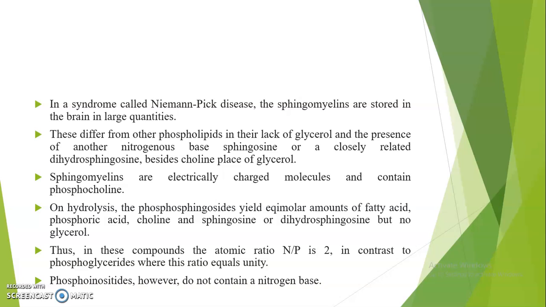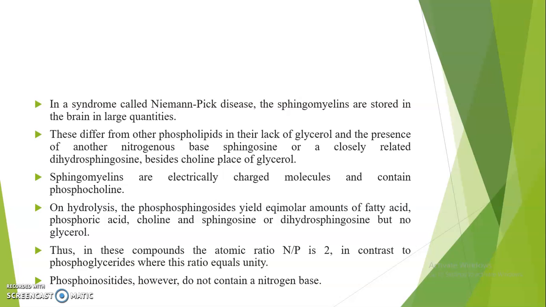Now sphingomyelins are electrically charged molecules and they contain phosphocholine. On hydrolysis, the phosphosphingosides yield equimolar amounts of fatty acids, phosphoric acid, choline, and either sphingosine or dihydrosphingosine, but no glycerol, because there is an absence of glycerol in the structure of sphingomyelins. So after hydrolysis, glycerol is not obtained.